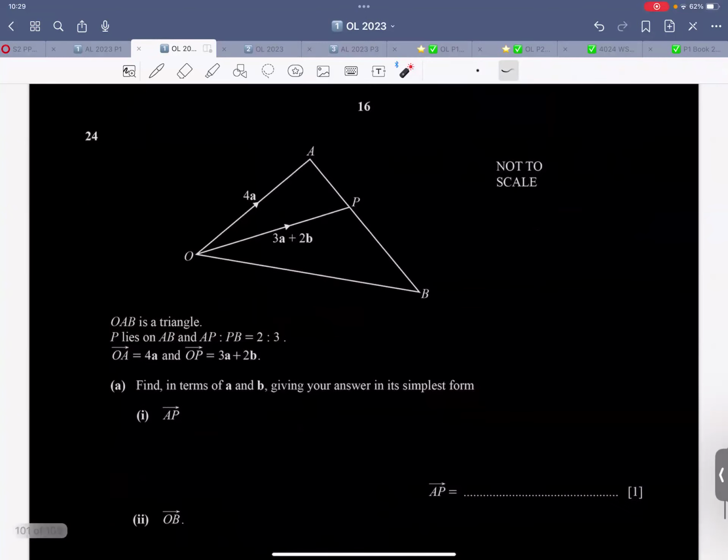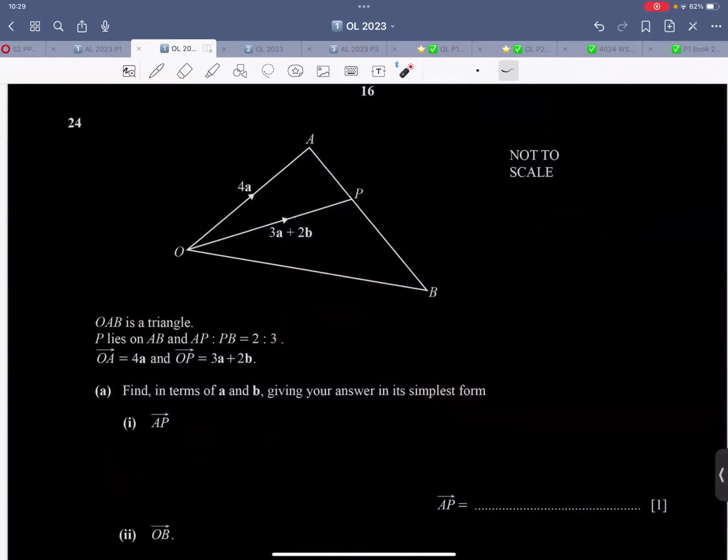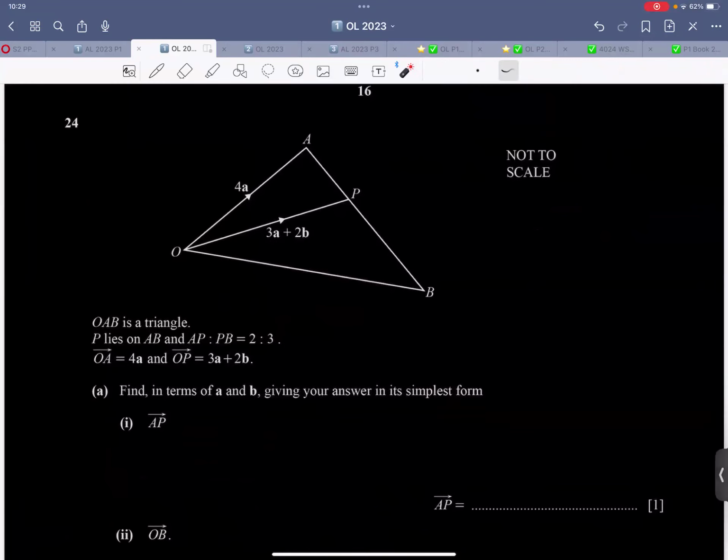And now comes question 24. Usually vector is the last or the second last question. Now it says OAB is a triangle that I can see. P lies on AB such that AP is to PB is to 3. So let me use some colors once again. And let me choose this thing. That's the first thing.